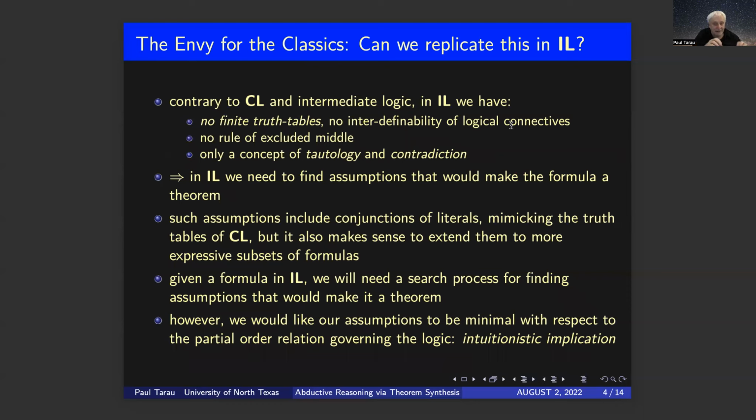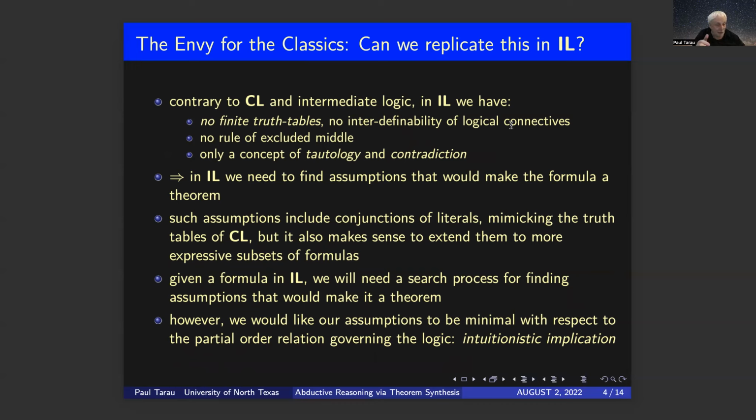We do not have interdefinability of logical connectives like we have in classical logic. Let's say implication and zero are enough to emulate everything else, or NAND alone is enough, or NOR, to emulate all the other connectives.